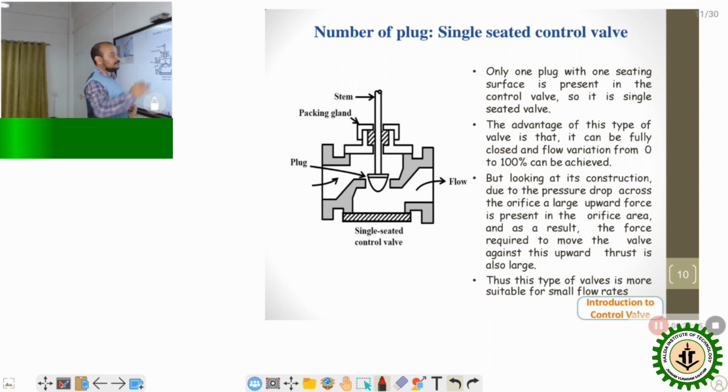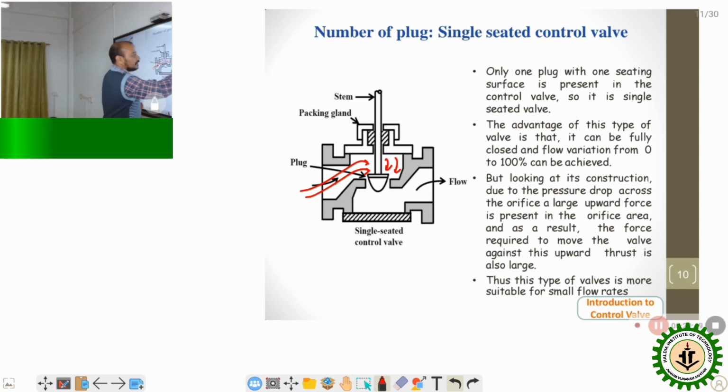The advantage of this type of valve is that it can fully close, with flow variation from 0 to 100%. That means whenever some of the fluid comes from the pipeline, it will give a force from the upward direction of your plug. If it is considered an air-to-open control valve, an advantageous force can be given by your liquid.